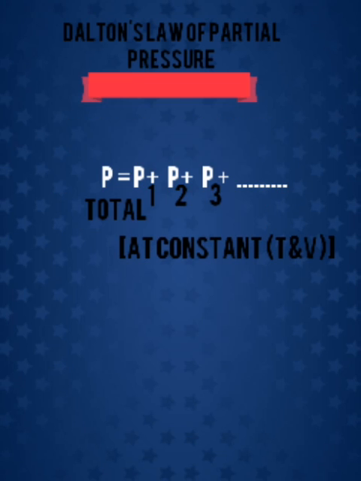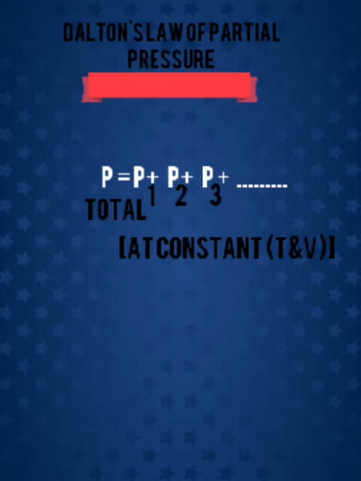Next topic, Dalton's law of partial pressure. This law states that total pressure exerted by a mixture of non-reactive gases is equal to the sum of the partial pressures of the individual gases. In a mixture of gases, the pressure exerted by the individual gas is called the partial pressure.